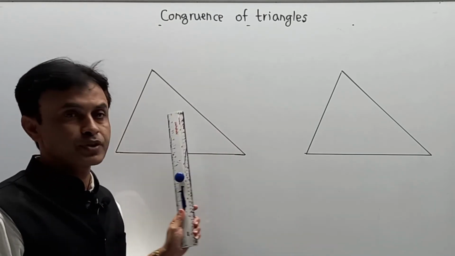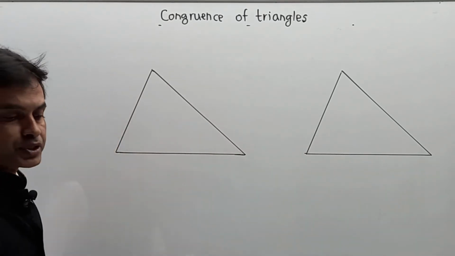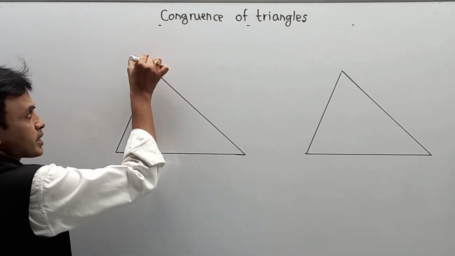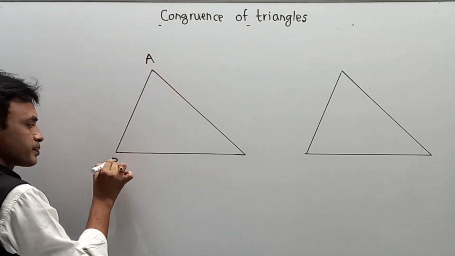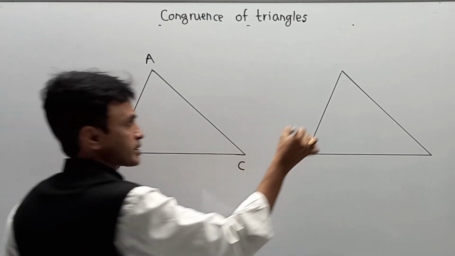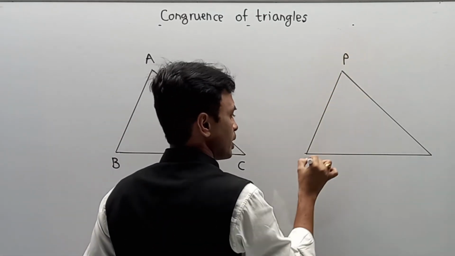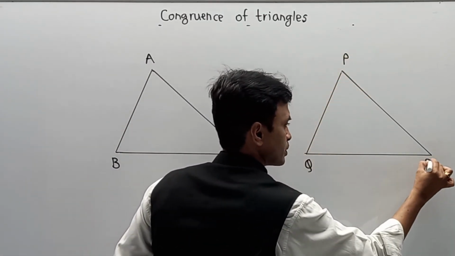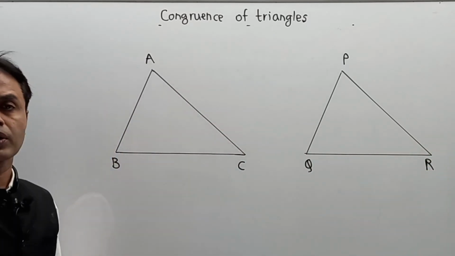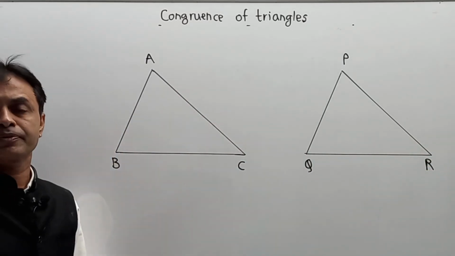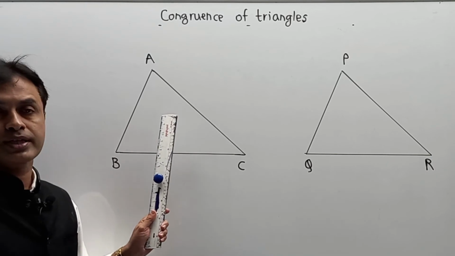Let us say this is the first triangle, this is the second triangle. I am generally giving the nomenclature triangle ABC and second triangle PQR. Now here congruency also contains some kind of test. Step by step we are going to observe it, but first try to understand.